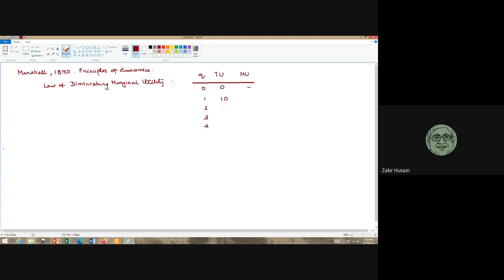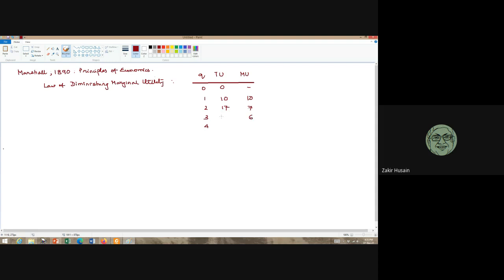But if you increase consumption by another unit, your utility will go up, but the additional utility, the marginal utility, is going to fall. It has gone up, but look at the increase. This was 10, this is now only 7.